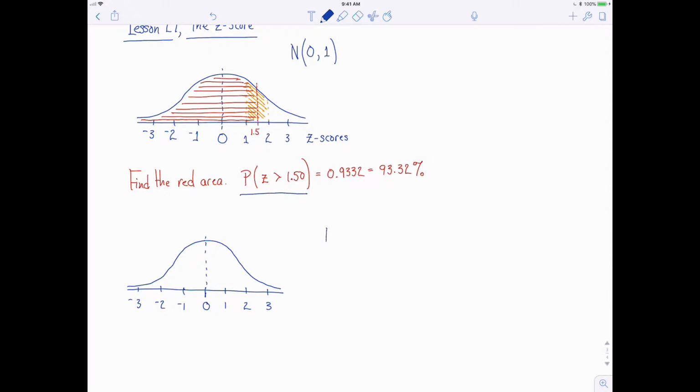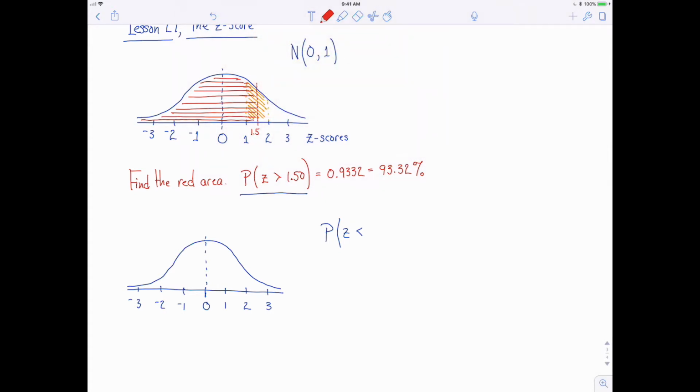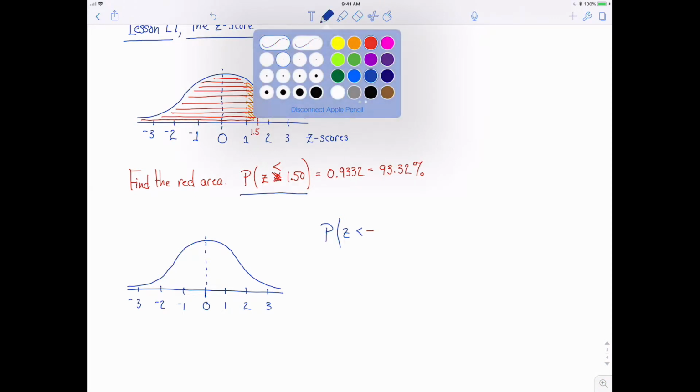So I want to find the percentage of z-scores below. Oh, and I made a mistake up above. This should be less than 1.5. So we're going to do another one. Probability that z is less than. Let's try, how about negative? Go back to my blue here.